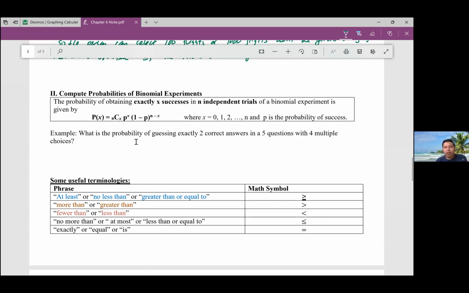What is the probability of guessing exactly 2 correct answers in 5 questions with 4 multiple choices? Okay, so n is equal to 5, and we want exactly 2 correct answers. So x is equal to 2, and we have 4 multiple choices. What does that mean? It means that little p will be 1 out of 4, because of that.